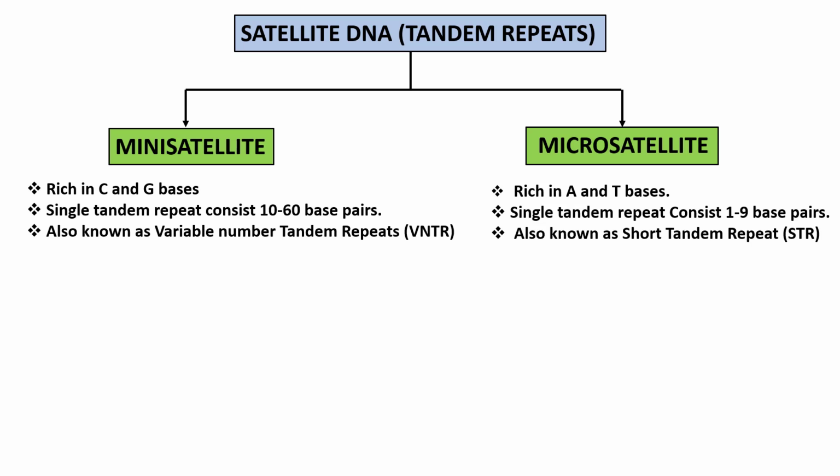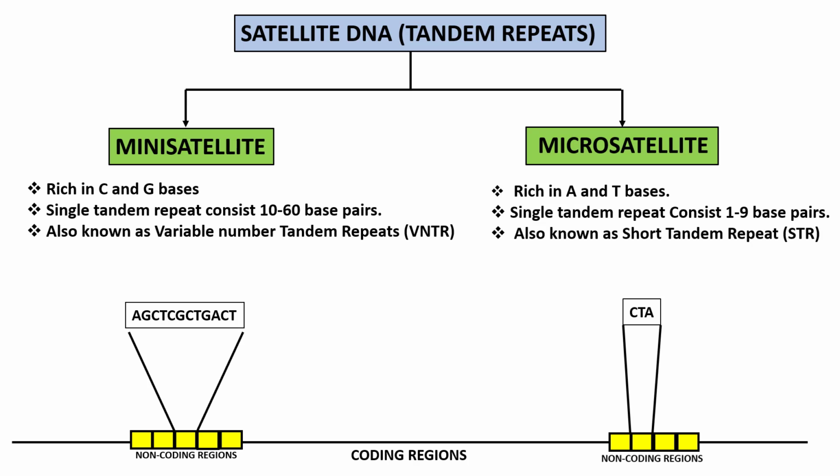In the minisatellite, the single tandem repeat consists of 10 to 60 base pairs, whereas in the case of microsatellite it is just 1 to 9 base pairs. Minisatellites are also known as VNTR, that is variable number tandem repeats, and this VNTR is used in DNA fingerprinting, whereas microsatellite is also known as STR, that is short tandem repeats. So this is a coding region where you can see the minisatellite, that is a single tandem repeat of a minisatellite, and this is a single tandem repeat of a microsatellite.